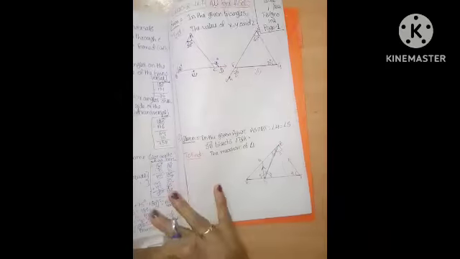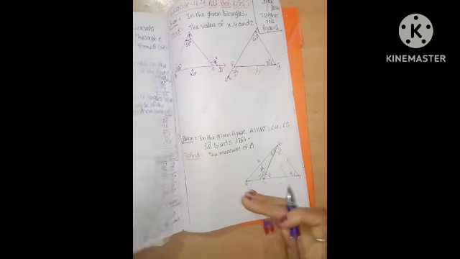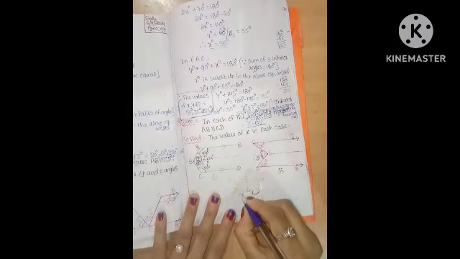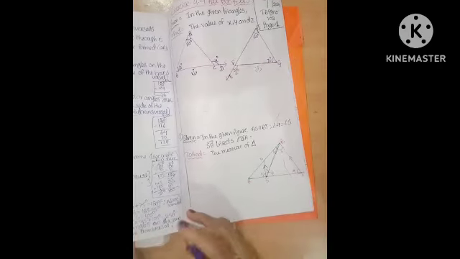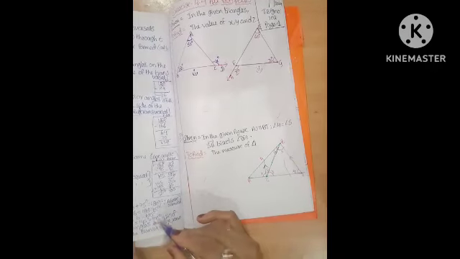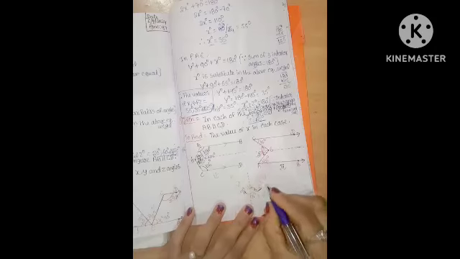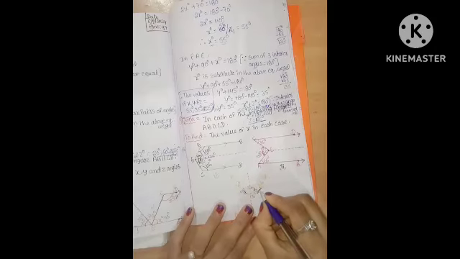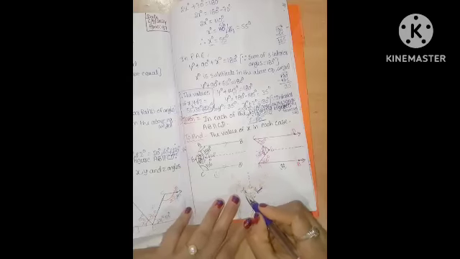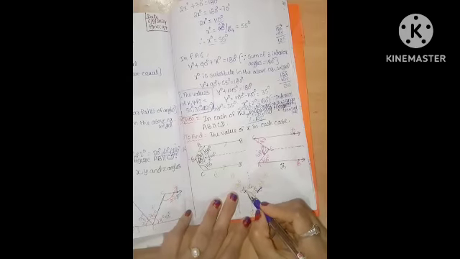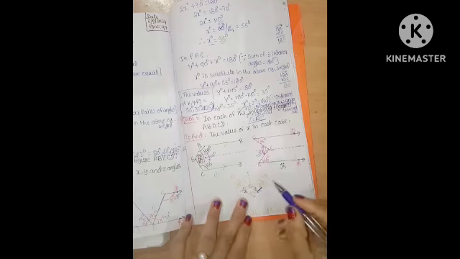What's the A angle in the third figure? A is 145 degrees, and angle B is 105 degrees. Okay, the sum of these two, 35 plus 145, is it equal to 180? Yes, it is equal to 180. So our solution is correct.